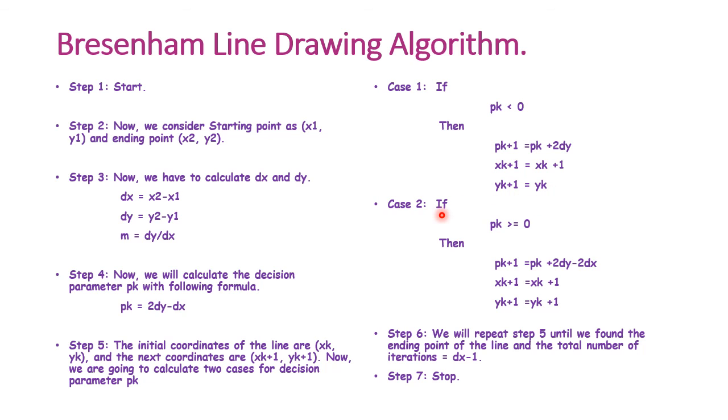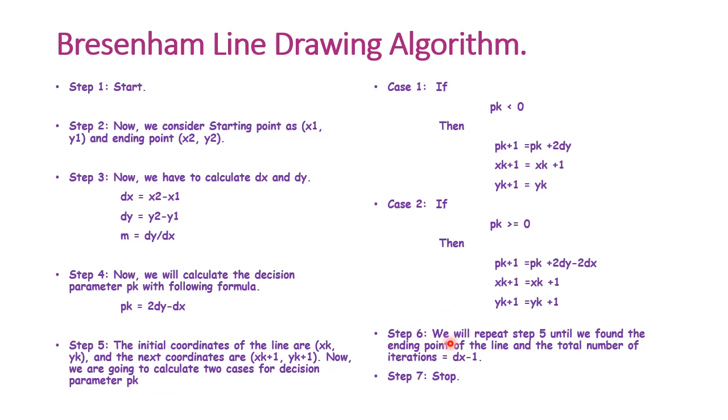Case 2, if pk is greater than or equal to 0, then we calculate the next decision parameter value, that is pk plus 1 is equal to pk plus 2 dy minus 2 dx, and we calculate the x and y values using xk plus 1 is equal to xk plus 1, meaning we increment the x value, and yk plus 1 is equal to yk plus 1, meaning here we also increment the y value.